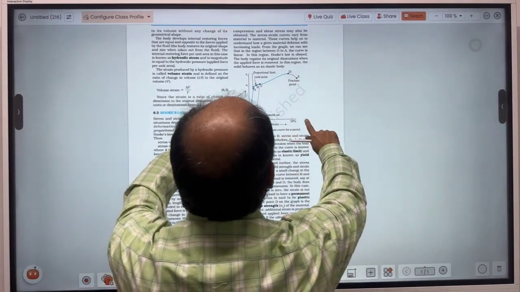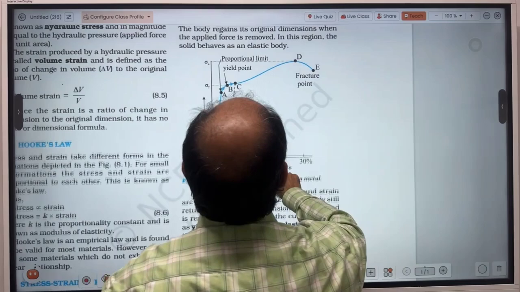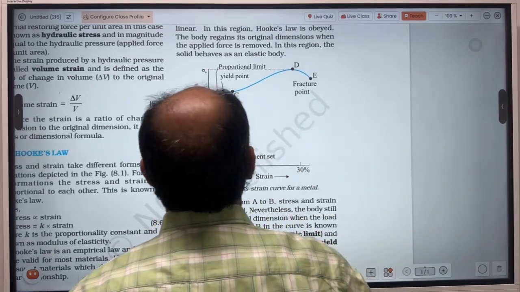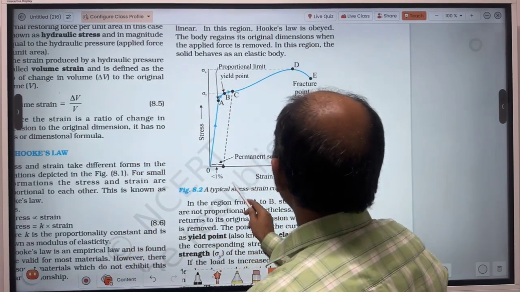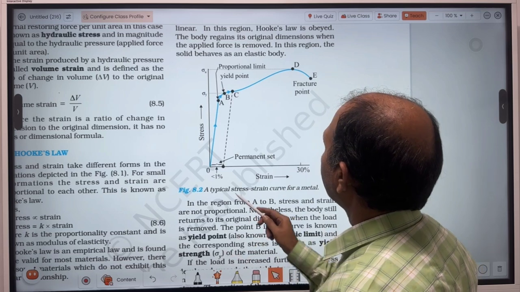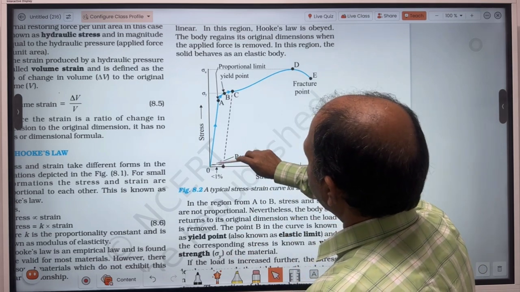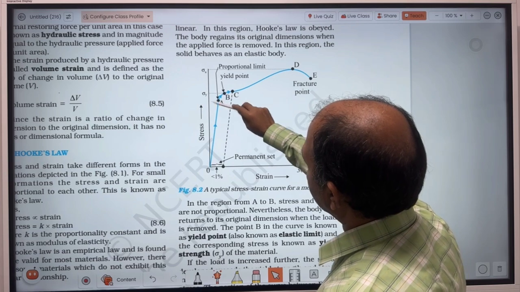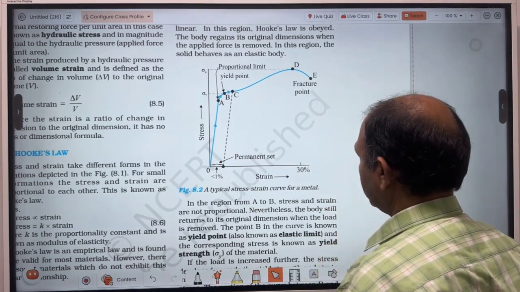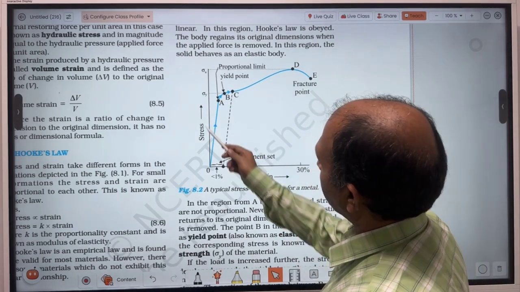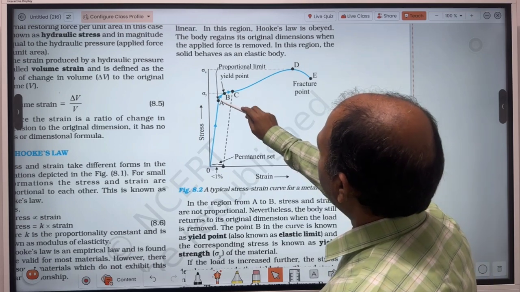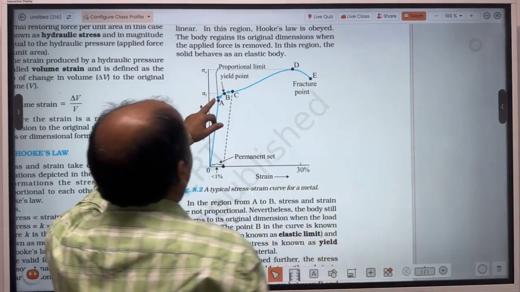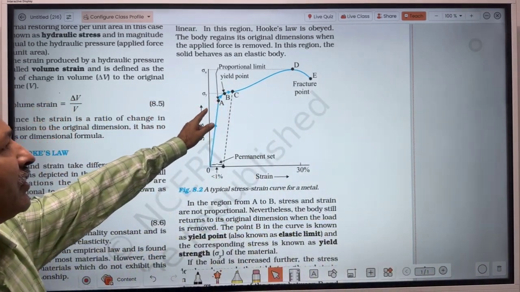In this curve, if you observe it carefully, there are different points. This is stress, this is strain. Now when stress is applied, up to this point strain is proportional to stress, but point A is the proportional limit.